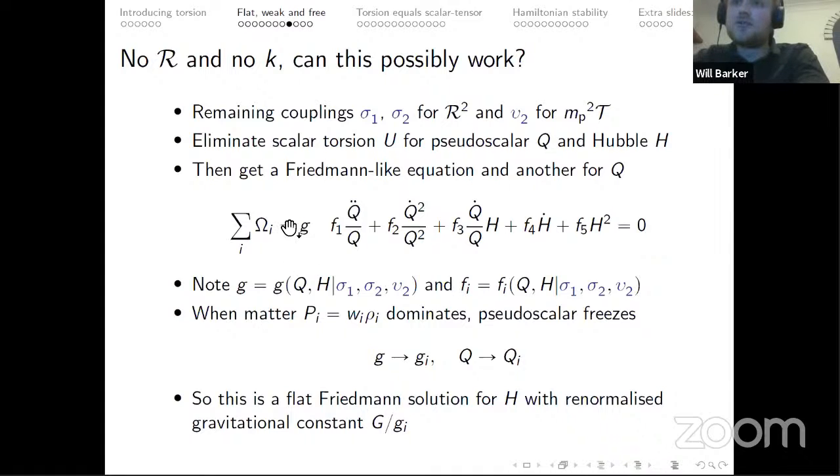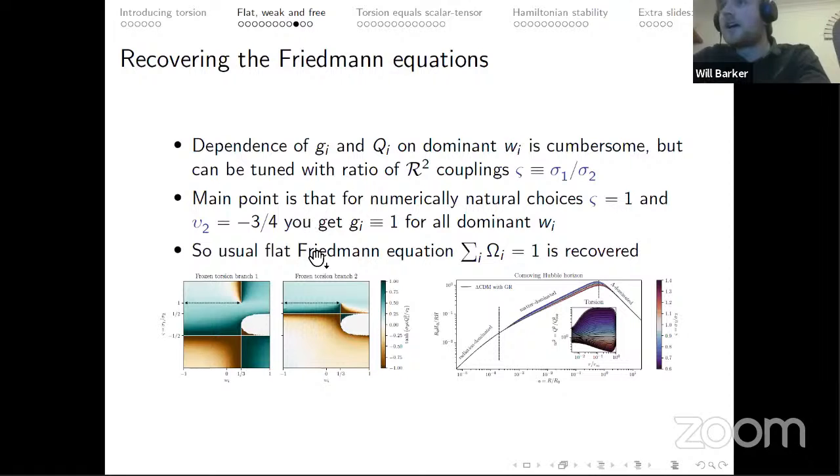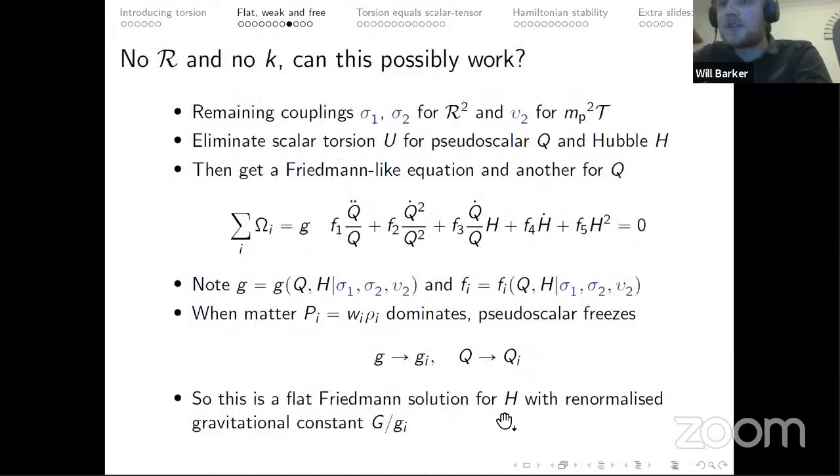So I won't get too involved in what happens in general here. And in general, it's quite complicated. You can see it from this equation. Sum of cosmological densities is equal to a constant. This is going to be a flat Friedmann solution where the gravitational constant gets renormalized depending on which equation of state parameter is dominant at that particular time.